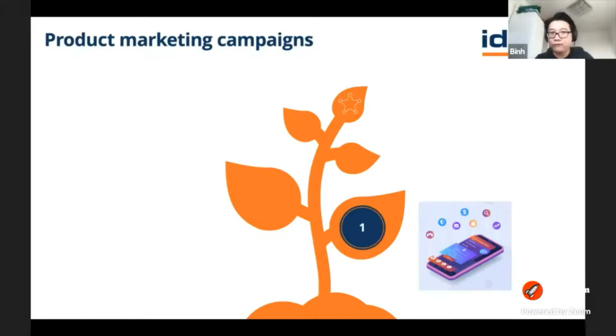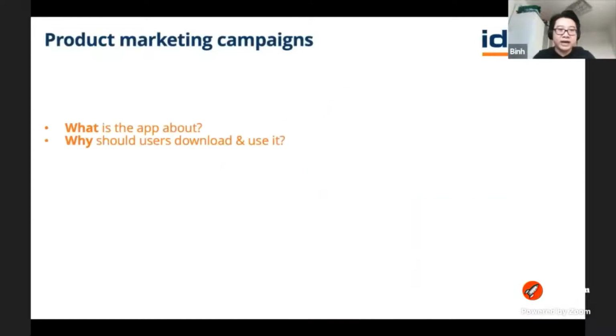For example, you have cool features you want to showcase in the App Store and the Play Store. You focus on the generic keywords, you rank for the most important keywords to improve App Store visibility. Also, you rely on unique selling points, value propositions, and so on. So basically, it helps us answer: what is the app all about, and why should users download and use it?